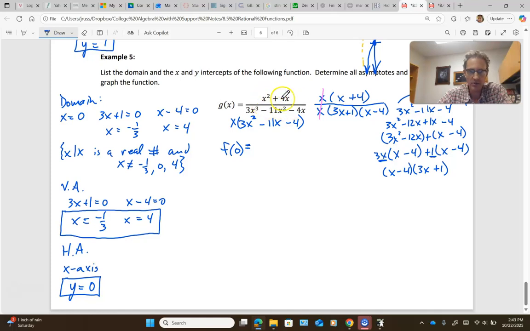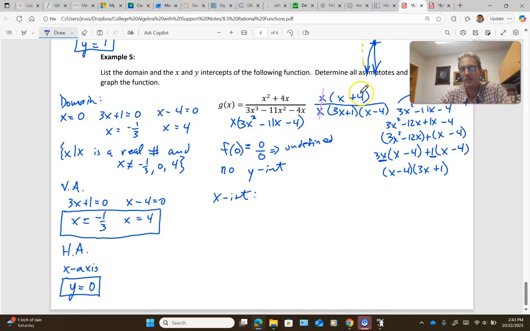All these terms will turn into 0, and you get 0 over 0. Well, that is not a defined mathematical operation. And so consequently, there is no y-intercept for this function.